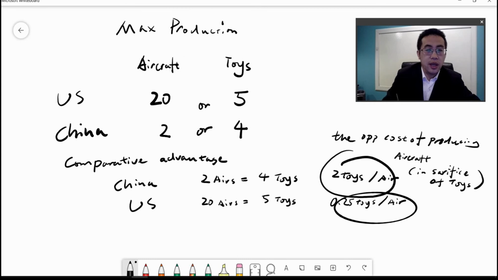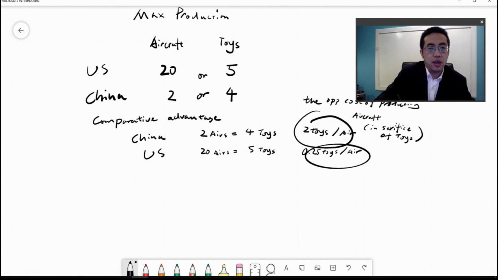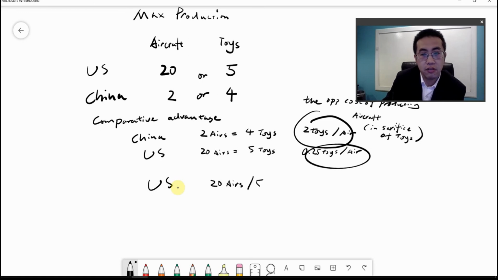Okay, so if we look at another situation for the U.S. and for the toys production. For the U.S., they are looking at 20 aircraft for 5 toys. So that is 4 aircraft to produce 1 toy.